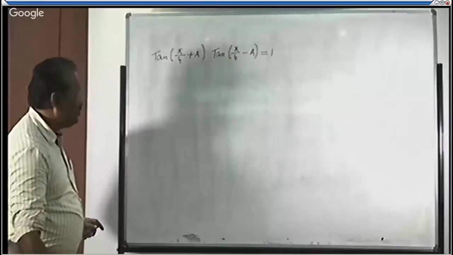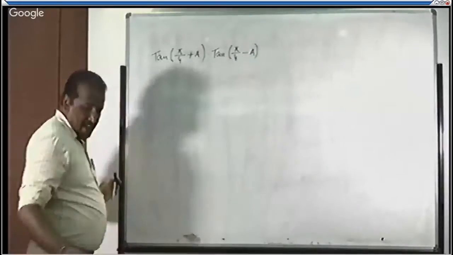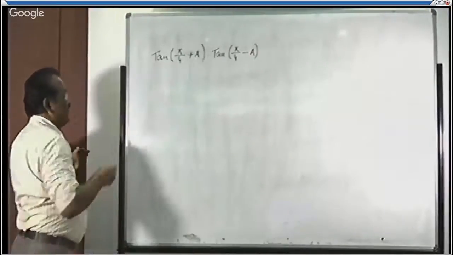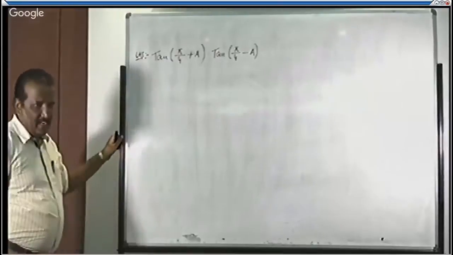Now you just consider the LHS. What is the LHS? Tan of pi by 4 plus a into tan of pi by 4 minus a, right?